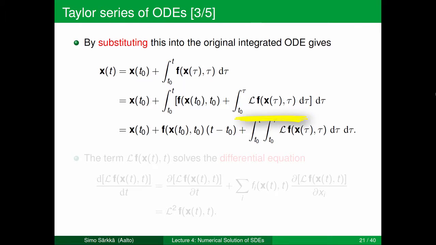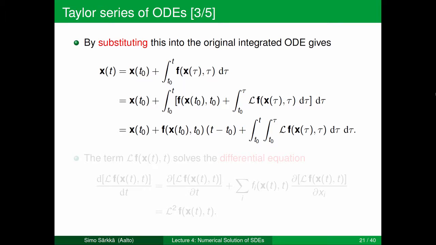And notice that the second integral is inside the integration. So this is actually equal to x t0 plus f of x t0, t0 times t minus t0. This is because the first term above doesn't involve tau at all, and we can integrate over tau explicitly, which just brings in the term t minus t0.